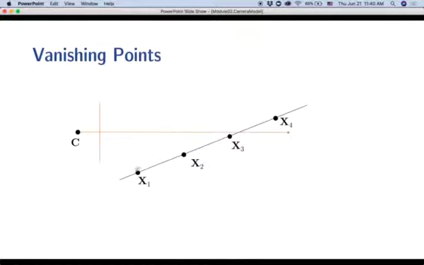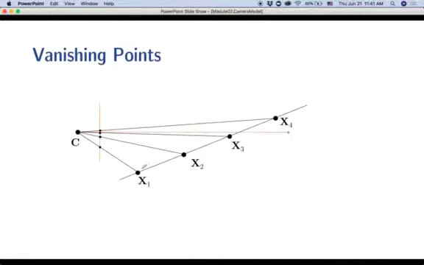So where is the image going to be of x1? How do I compute that? Yes, very good. I have to join x1 to the camera center and figure out where the intersection is going to be. Similarly for x2, x3 and x4. So x1 will be imaged at this location, x2 here, x3 here, and x4 here.